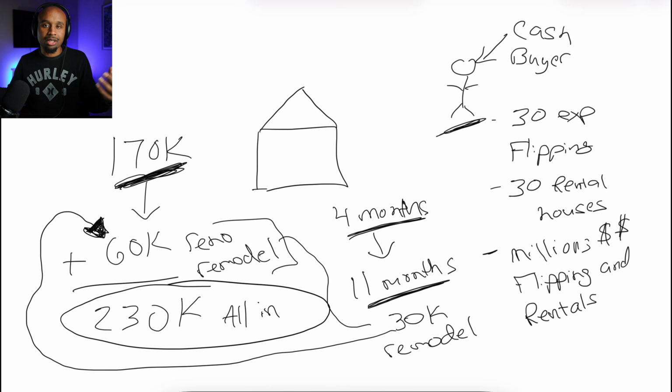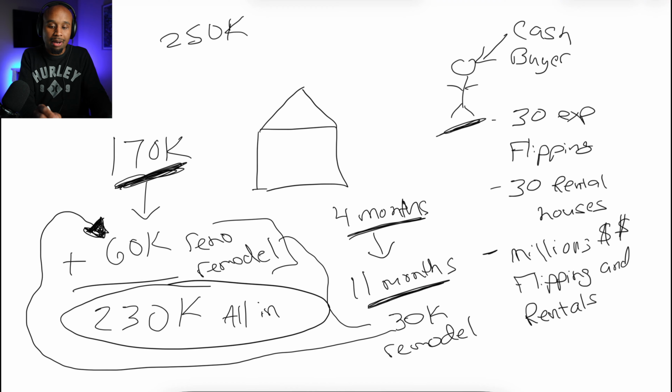And so he got really friendly with this buyer, and this buyer was going to buy the house for 250, but because he got so friendly with the cash buyer here, the guy saw the house and he didn't like some things. He didn't like things, and that's what he said.